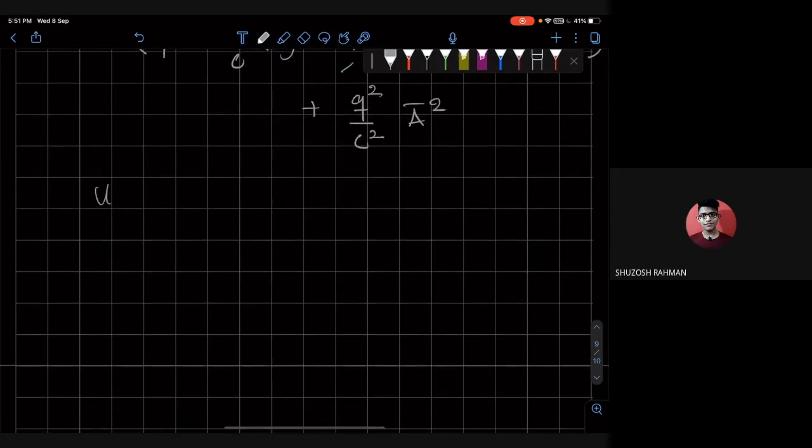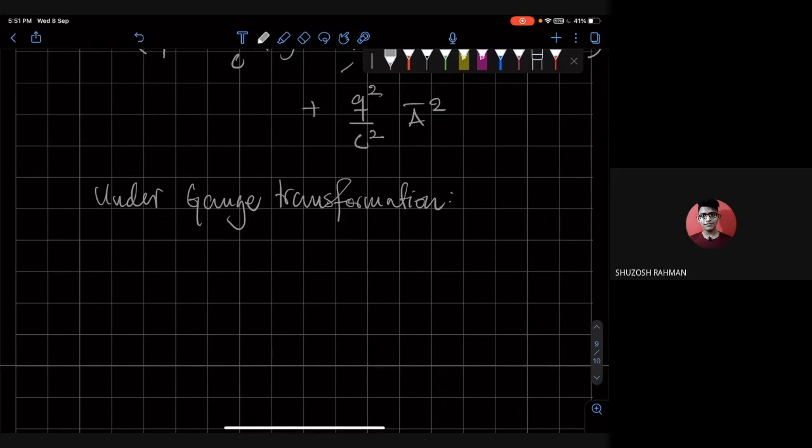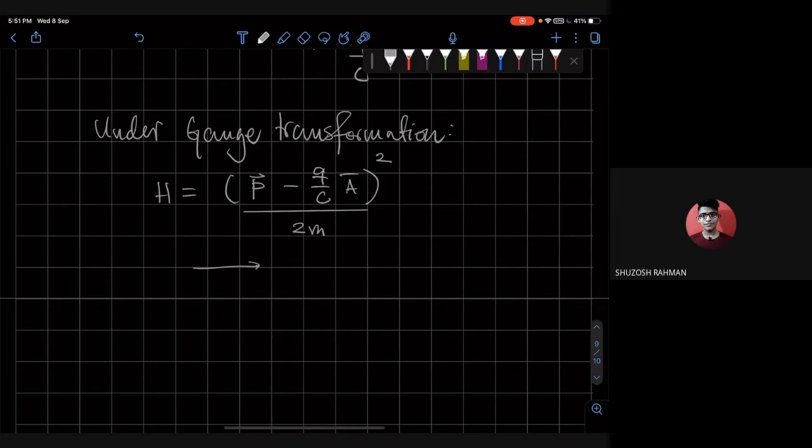So under gauge transformation, the Hamiltonian is going to change to P minus Q by C, there's an A here, gradient of lambda, plus Q phi, right?